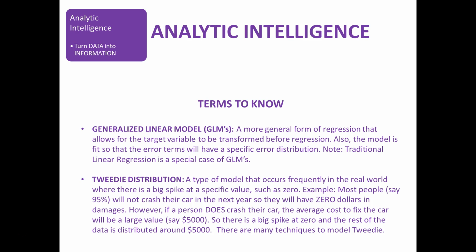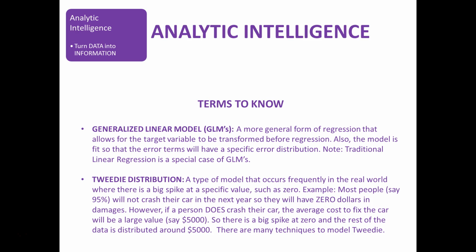There's other types of models or distributions and target variables out there, and using generalized linear models, I can solve those as well. That's really the only thing you need to know about that. If you want to understand what a GLM is, just think, I can solve lots more regression problems on data that I used to not be able to apply linear regression to.